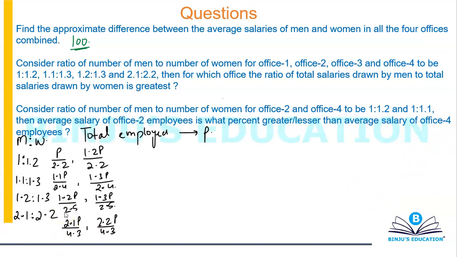Alright, now I just need to know, because it's the ratio of the total salaries drawn by men to the total salaries drawn by women, so I just need to know the total salaries now. So let's pen them down also.